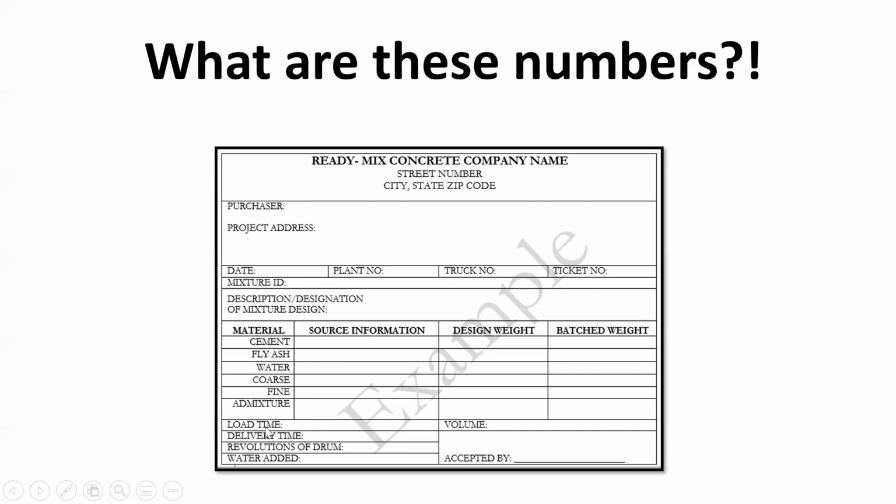Then you also have the load time, so when the concrete was actually loaded, when it was delivered to the job site, the revolutions, how many revolutions that drum on the ready mix truck turned, and then how much water was actually added at the job site. And then you may have somewhere on the batch ticket the volume.